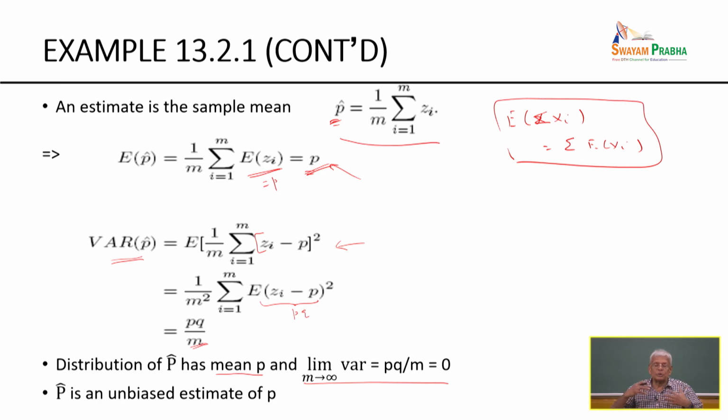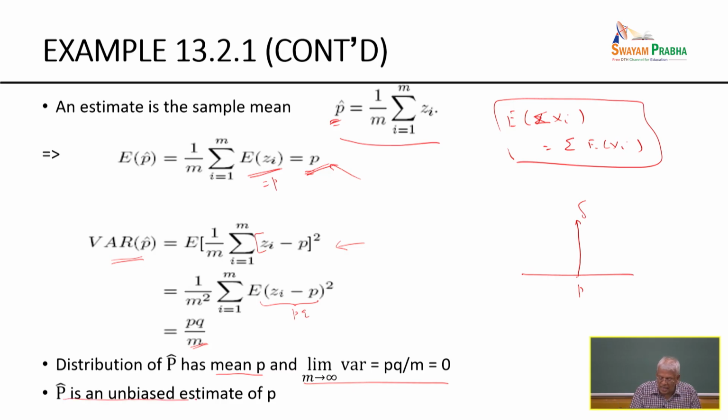That means as you take more and more samples, the variance tends to 0. So what does this mean? The sampling distribution tends to a delta distribution located at the point P.